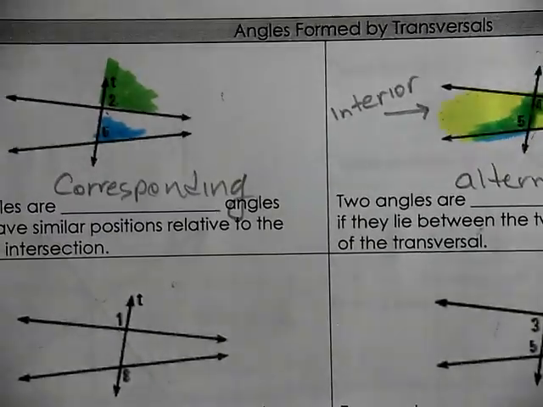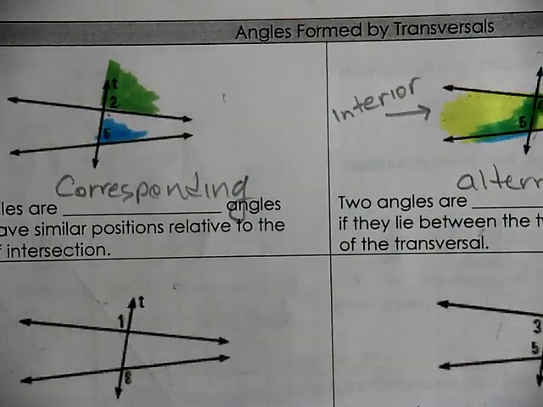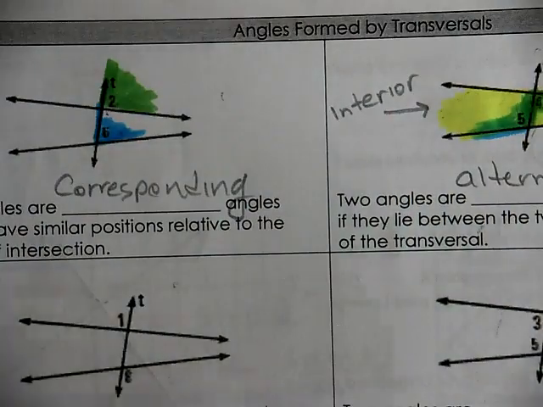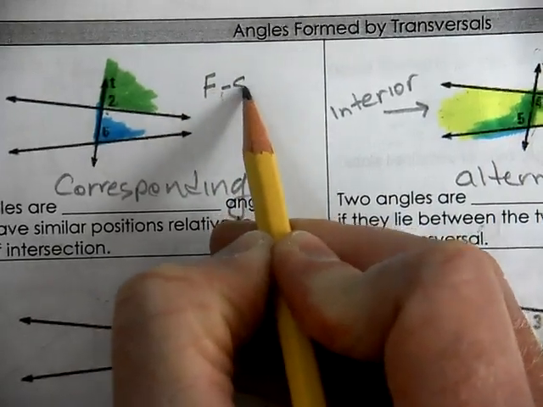This one over here, if you think about it, it's a little harder to notice. But you could call this an F shape.